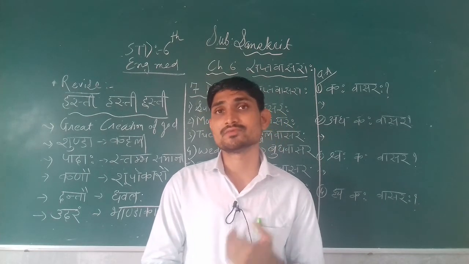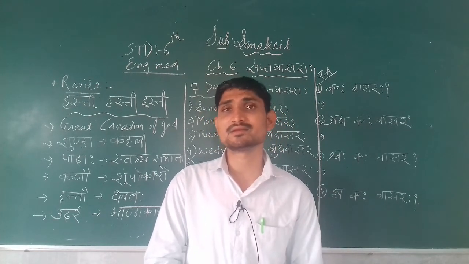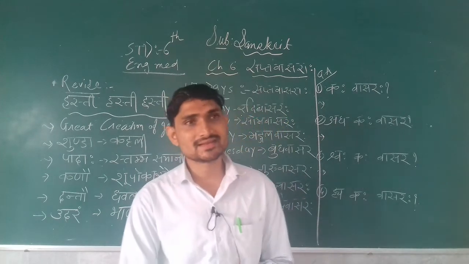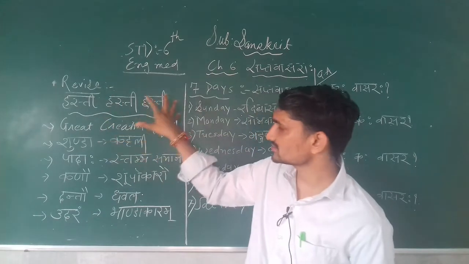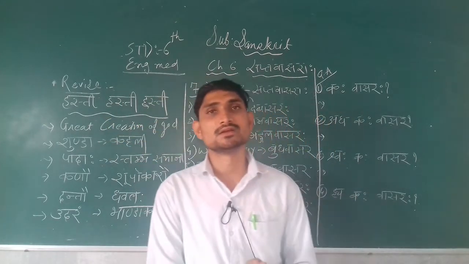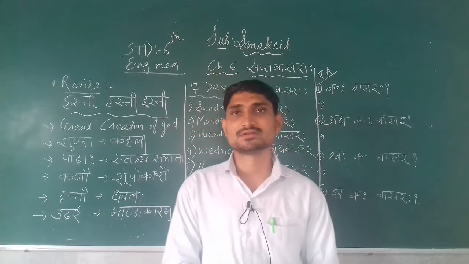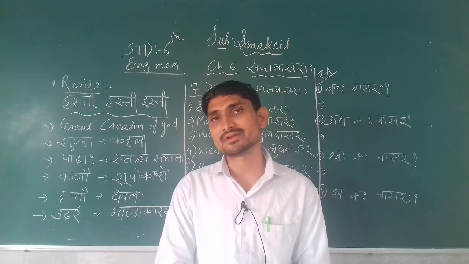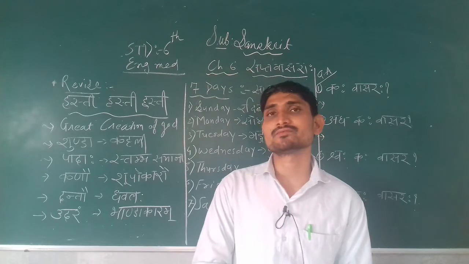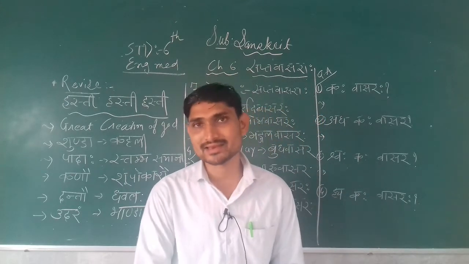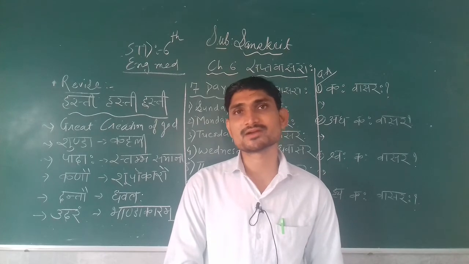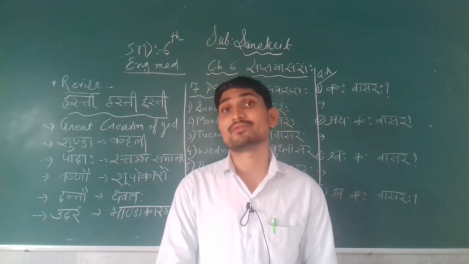What we learnt in the last session, we have to revise a little first, then we will go ahead. Students, in the last session we learnt about Hasti, with the word hasti given three times. Hasti means elephant; it is a poem about an elephant, where we learnt the body parts of the elephant.